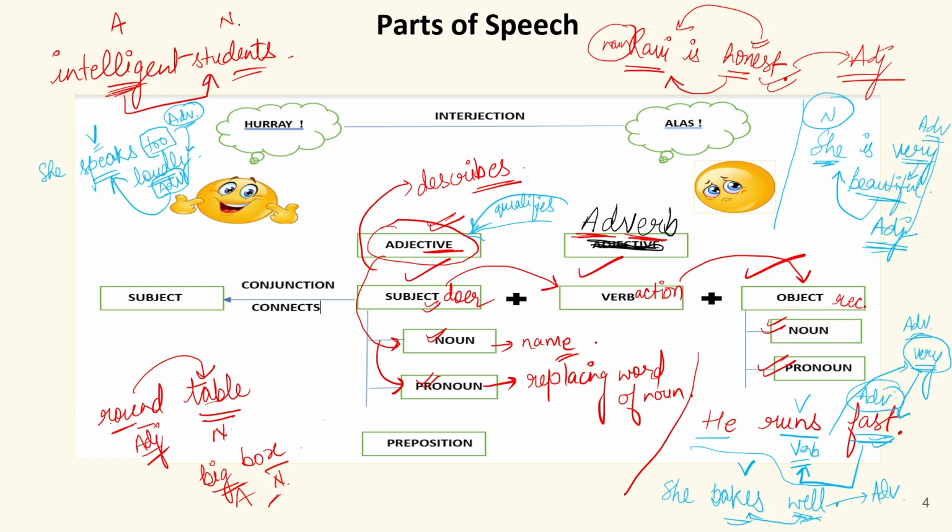Now we have learned several parts of speech like noun, pronoun, adjective and adverb. Now we have verb. Verb we have already discussed in earlier chapters, that verb is used for action. Though it states as well, it possesses as well, but that we will discuss later on in the chapter of verb. Now we have another part of speech, that is conjunction. It connects the words together, or it connects the words with each other.